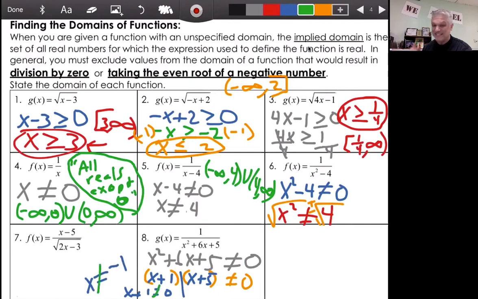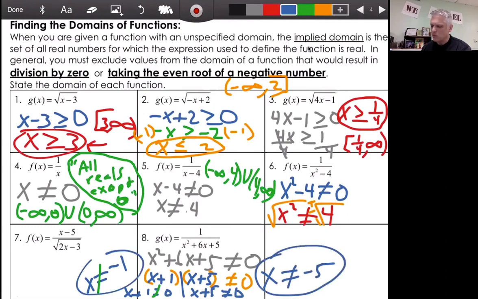So we know x doesn't equal negative 1. Okay? So on this other half here, we know that x plus 5 doesn't equal 0. Subtract 5 from both sides, so x doesn't equal negative 5.